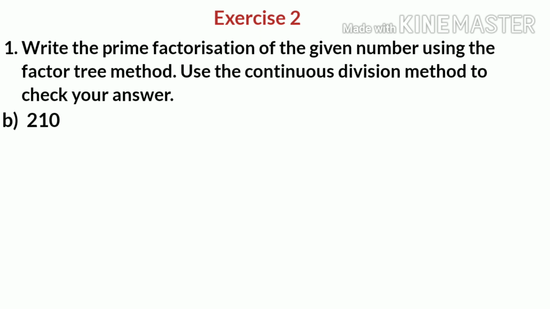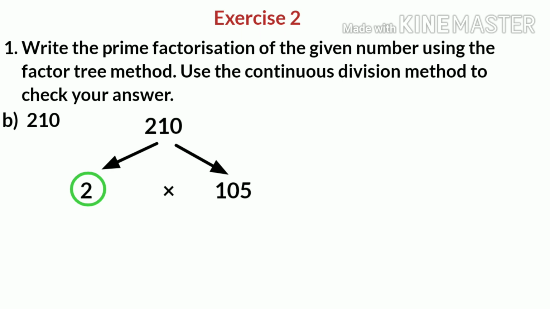So in the first step, we consider 210 as the root of the tree. Then we write a pair of its factors as the branches of the tree. So basically, we split 210 as 2 multiplied by 105. Since 2 is a prime factor, we leave 2 as it is. And we further factorize the composite factor, that is 105, as 3 multiplied by 35.